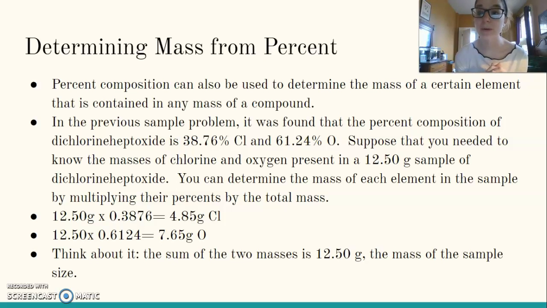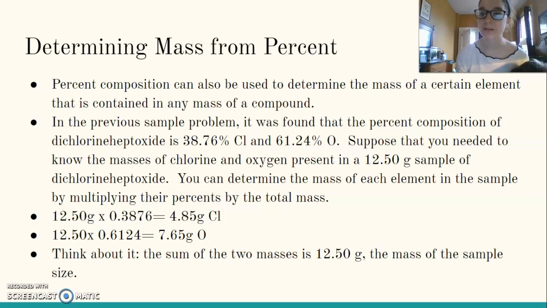No matter what sample, if I have 1 gram of a sample, 1,000 grams of a sample, or a whole truckload of a sample, 38.76% of that sample is always going to be chlorine, and 61.24% is always going to be oxygen. So if we want to know the mass of chlorine and oxygen that's present in a sample of 12.5 grams, we can determine the mass of each element simply by multiplying the percent by the total mass.